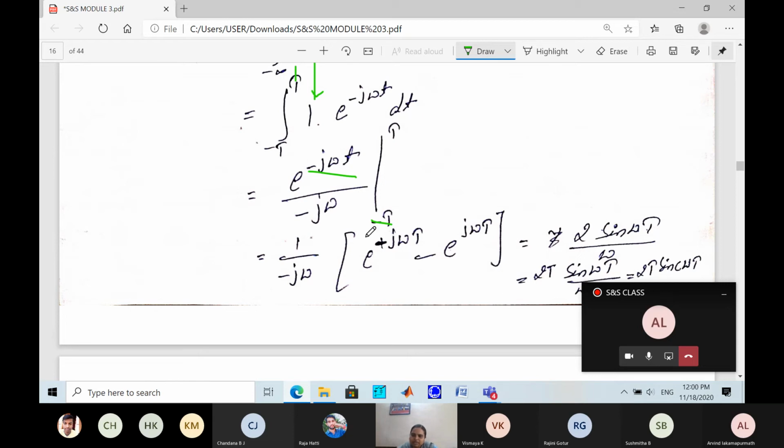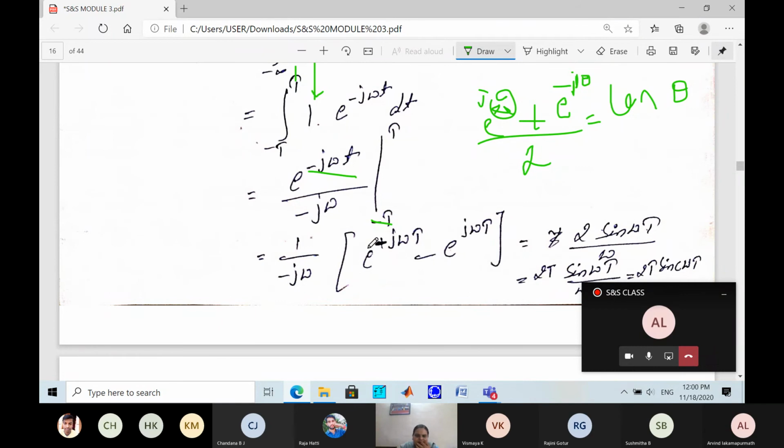Then if you just compare the equations, I hope you remember e raised to j theta plus e raised to minus j theta divided by 2. What is this equation? It is cos theta, right? Here also we are going to use the same.